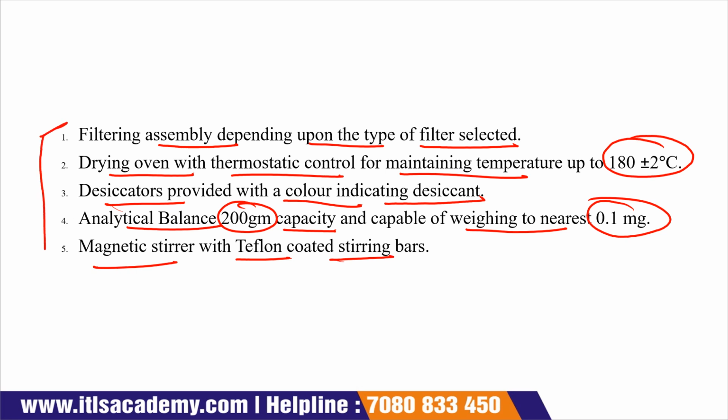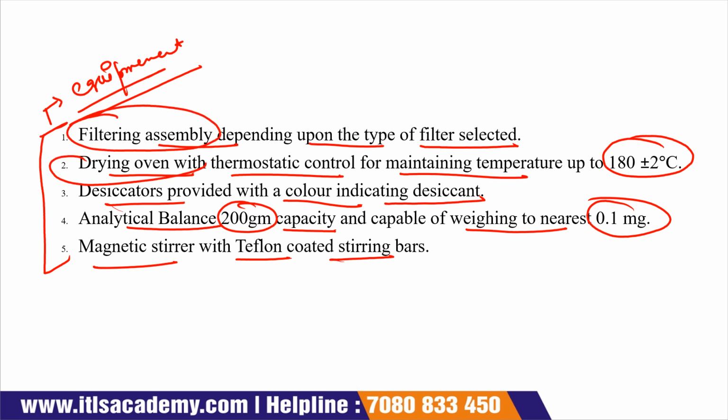So these are the equipment that we require for performing the experiment: filtering assembly, drying oven, desiccator, analytical balance, and magnetic stirrer.